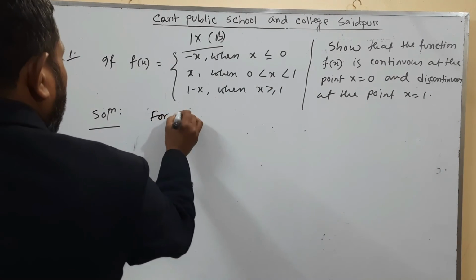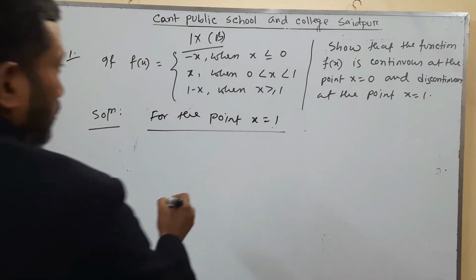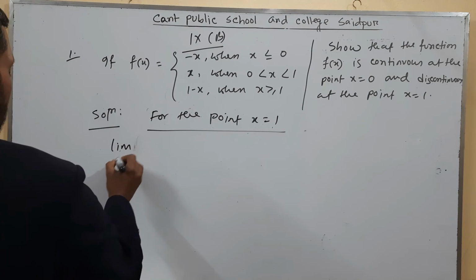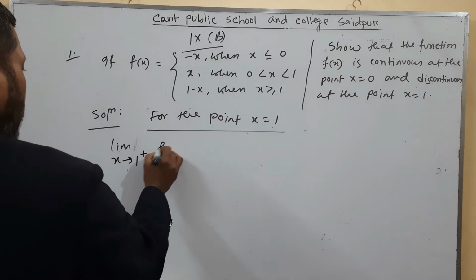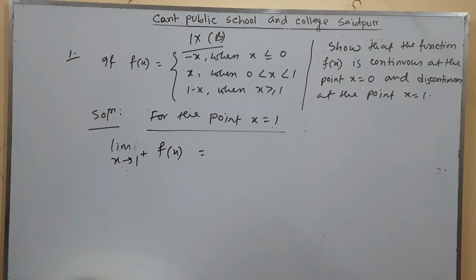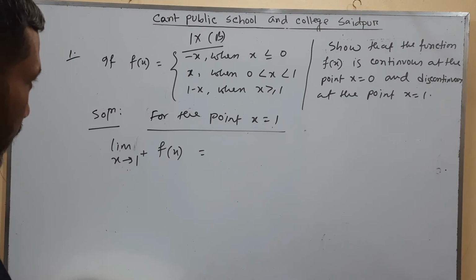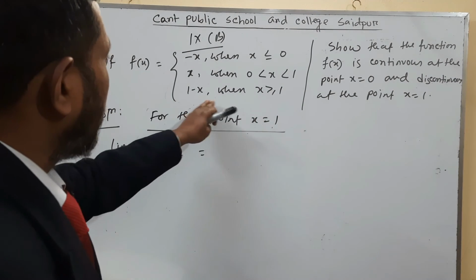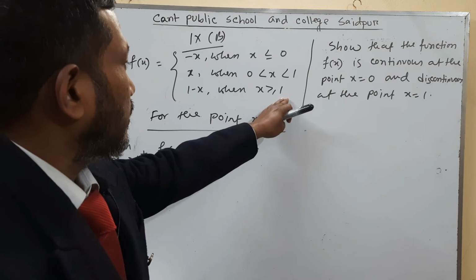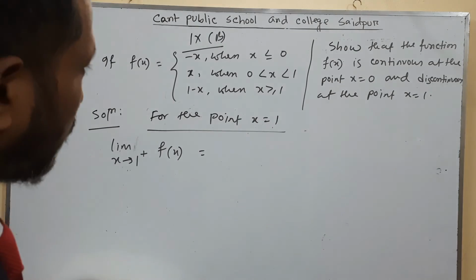For the point x equal to 1, limit x tends to 1 plus of f of x. The value of x will be greater than 1. Here we see x greater than or equal to 1, that is the value of x is equal to 1 and greater than 1.